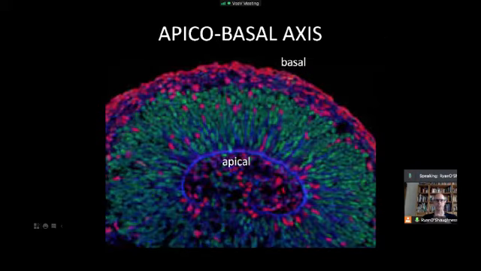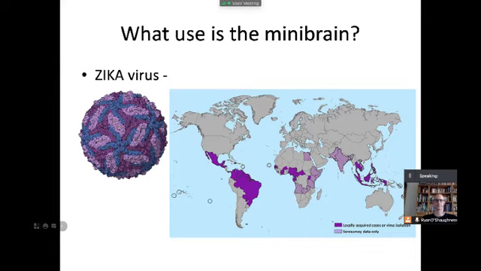It also shows an apical basal axis. So we have the apical region of the cortex in the middle of the organoids and the basal region of the cortex in the external region, or the outside of the organoid. So we have a structure that closely mimics the brain.